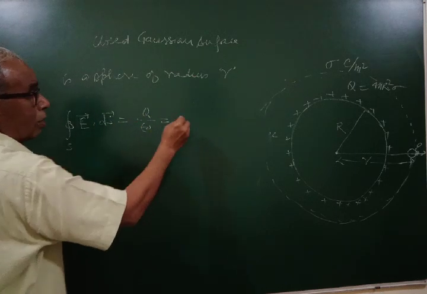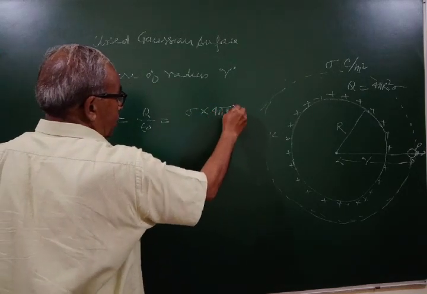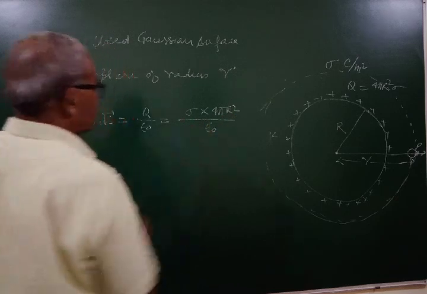Or, putting Q as sigma into 4 pi r square, it is equal to that upon epsilon 0.